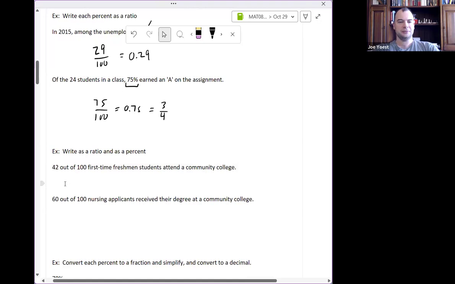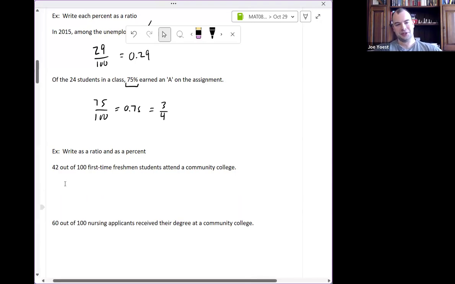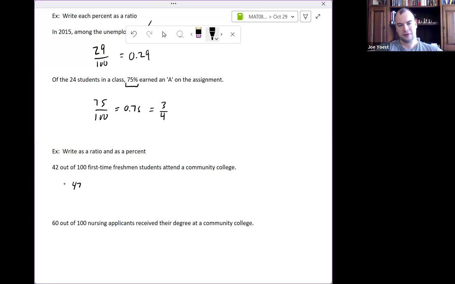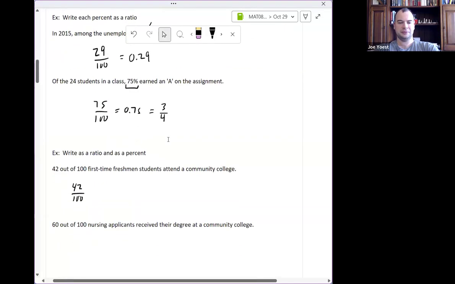If I have a ratio, say something like 42 out of 100 first-time freshman students attend a community college, I could choose to write that as a percent. The ratio 42 out of 100 is a ratio with the denominator of 100.